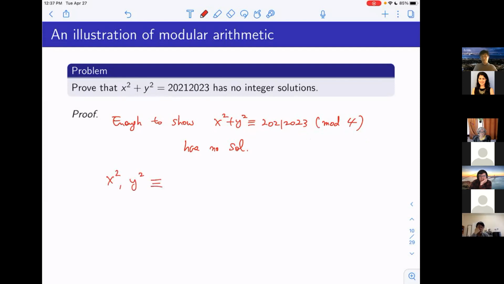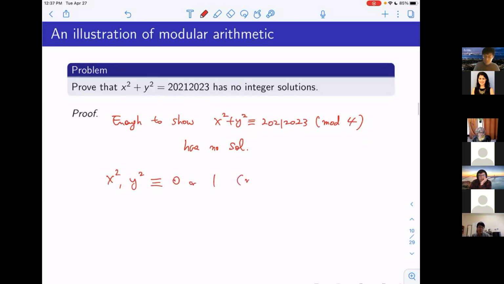So that's a weaker statement, but if this already has no solution, then we are done. But now, think about x squared and y squared modulo 4. I just told you that an even number squared is 0 mod 4 and an odd number squared is 1 mod 4, and every number is either even or odd, which means that x squared and y squared are 0 or 1 mod 4, which tells me that if you add them up, then the only possible numbers are 0, 1, or 2.